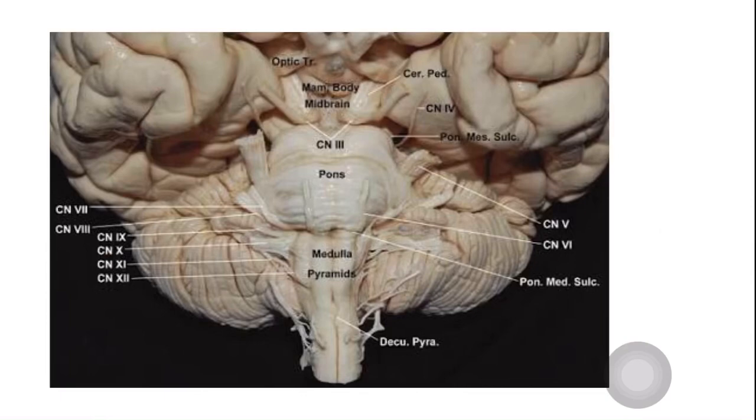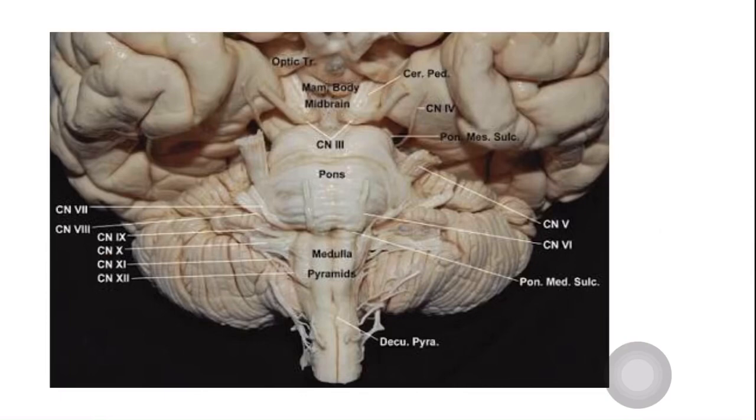Many nerve fibers from the medulla go into the cerebellum and convey information from the medulla to the cerebellum. These tracts are compiled and called a peduncle. So that is called the inferior cerebellar peduncle.